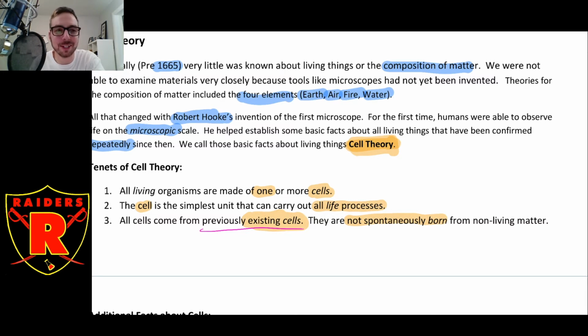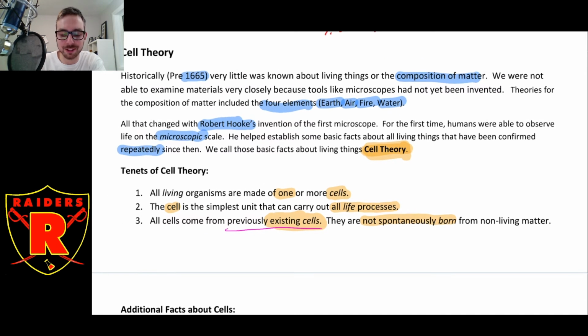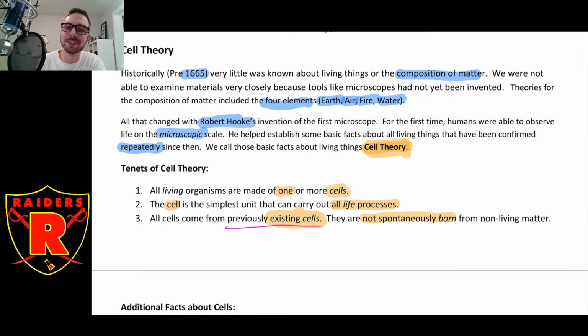It had to. There had to be an evolutionary step there where something that wasn't a cell evolved into something that was a cell. And so that is, by its very nature, the third tenet here of cell theory has to have been untrue at some point.